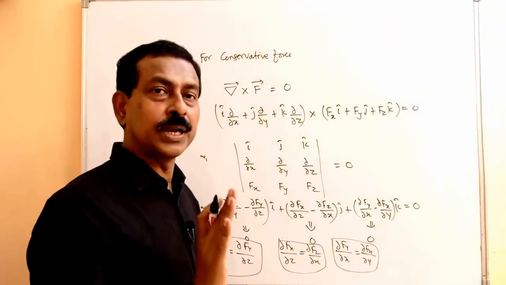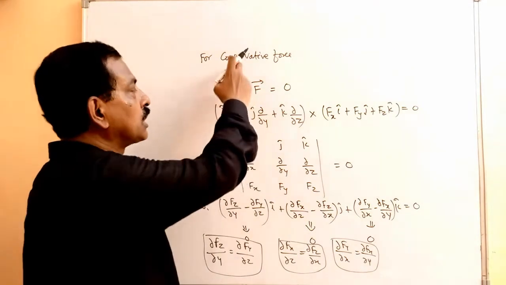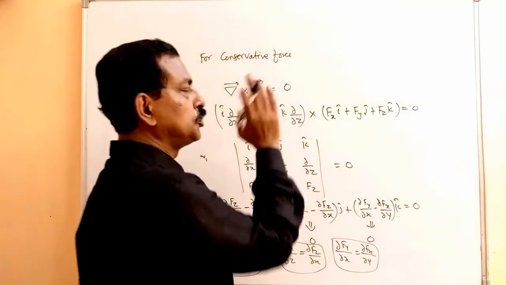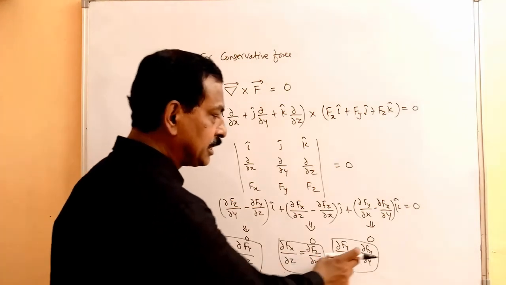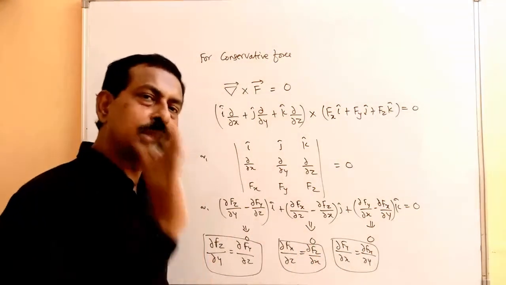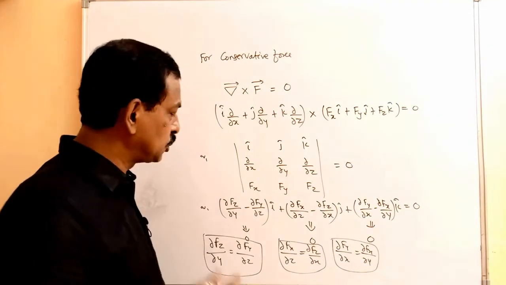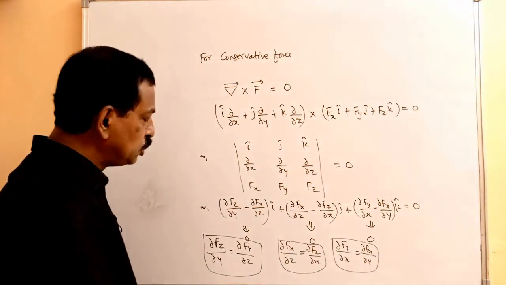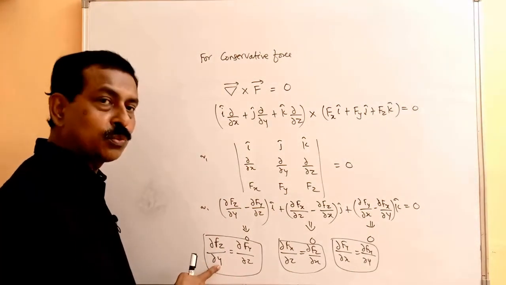If it is equal, then it is conservative, because for conservative force we have curl F equals 0. So you will see whether these partial derivatives are equal or not. If they are equal, then it is conservative force. Now to remember this, you just see here, you are taking ∂Fz, you are differentiating it with y.